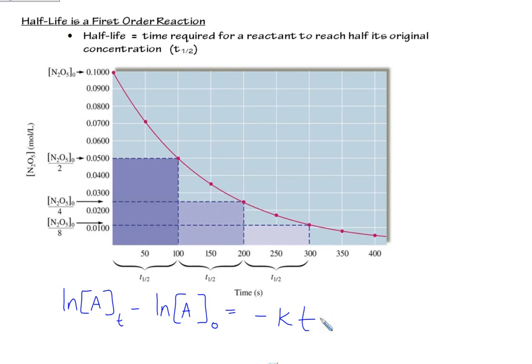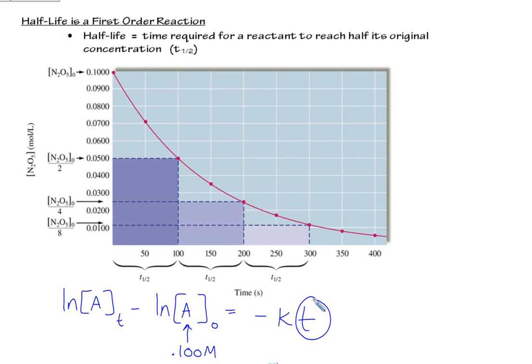We used to have to solve half-life this way, where they might give you the initial concentration, like they do here, initially about 0.1 molar. And then, even if we didn't have a graph, they could ask, what's the half-life? If we knew that half-life is a first-order reaction, we could plug into this equation. We want to solve for the amount of time it takes for that initial concentration to go down by half.